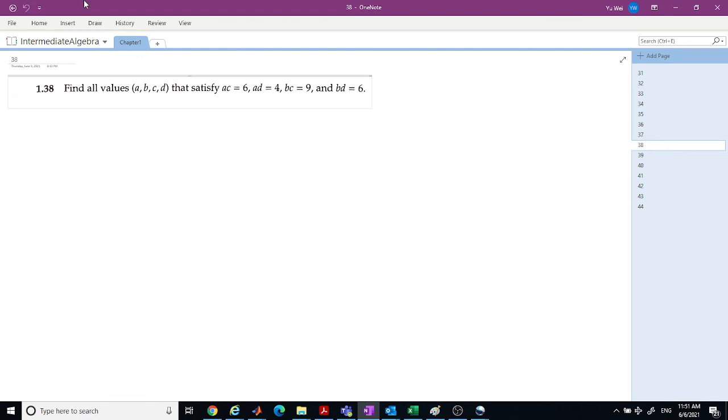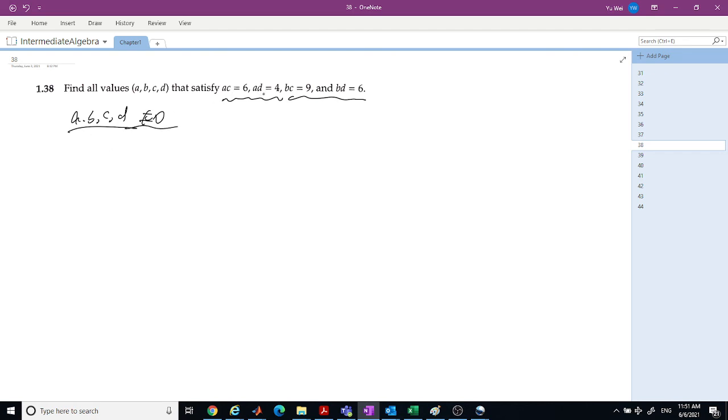So next we want to find all the values that satisfy this type of equation, right? We know A, B, C, D, neither of them can be 0, otherwise it doesn't satisfy.